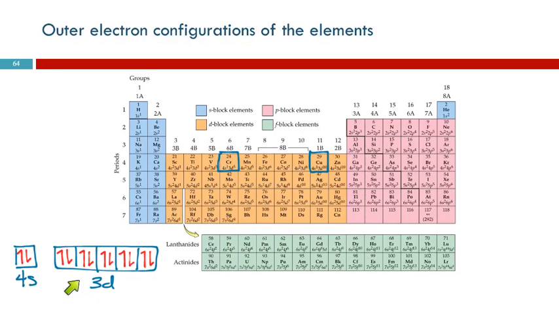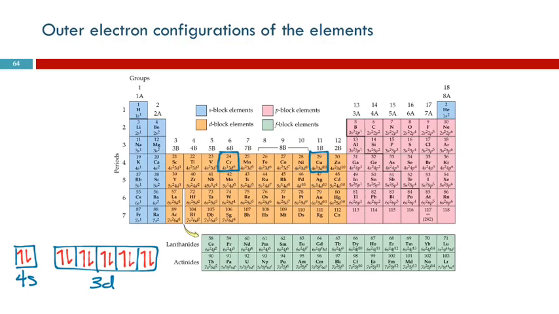So they're filling in the 3d subshell, but these are not valence electrons, even though they were added after 4s. The valence electrons are the ones with the highest principal quantum number, the highest shell. So only the electrons in the 4th shell are valence electrons. These are not valence electrons.